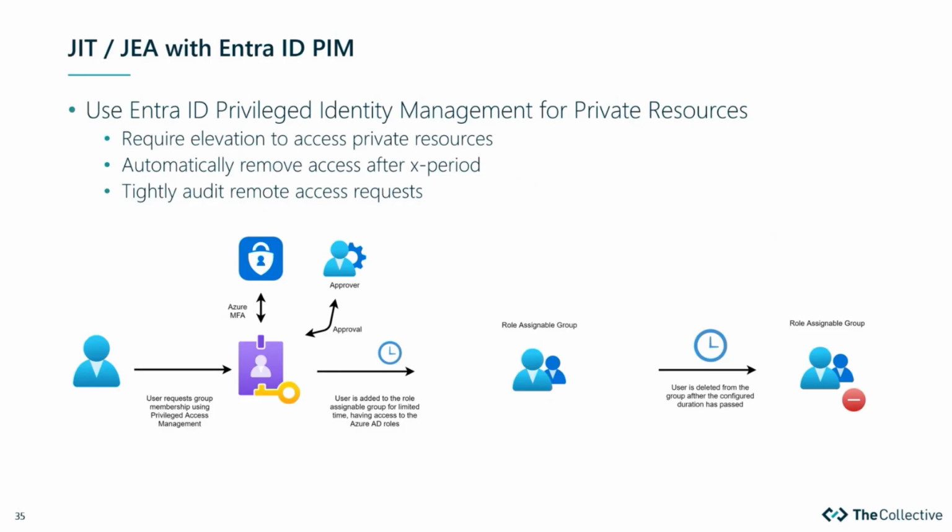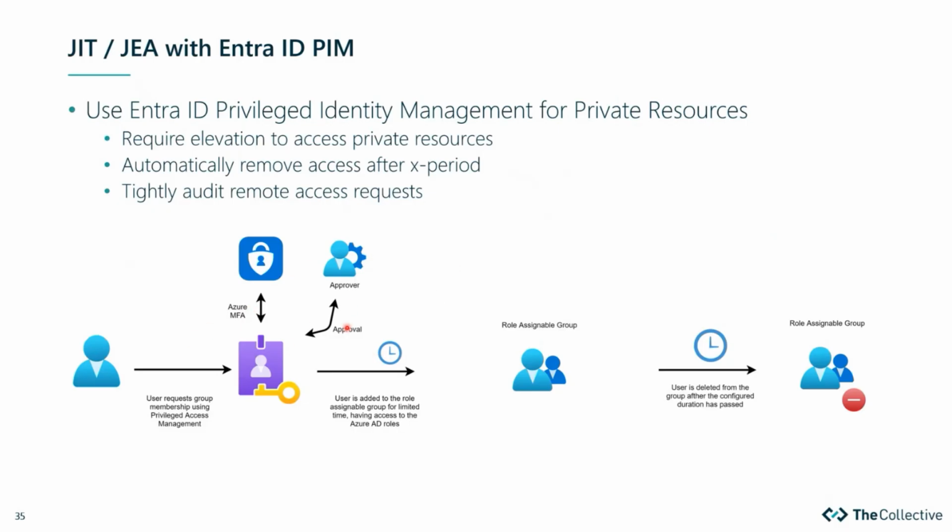So this is actually what you can see here. In this case, we have a user. Let me see if I can take a pointer. So here at the left-hand side, we have a user that is requesting access via PIM and Entra ID. Then PIM says, before you can access this resource, you need to do MFA or maybe an approval flow.